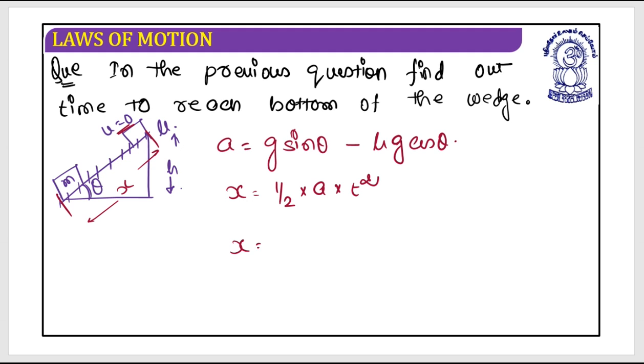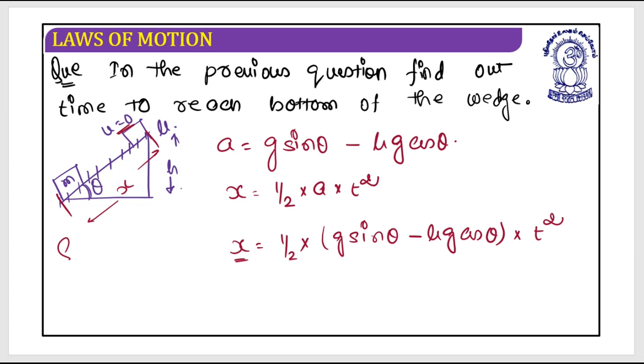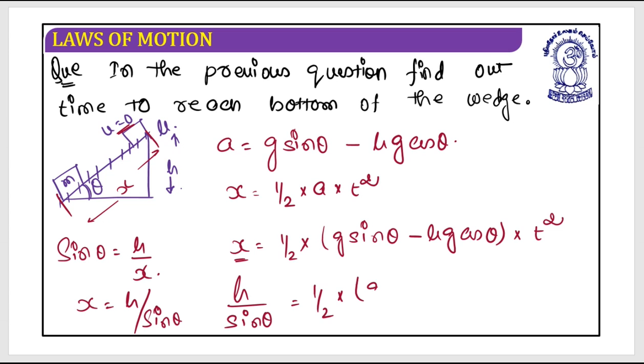So x equals half into acceleration, g sin theta minus mu g cos theta, multiplied by t square. Now x in our real data has not been given, so it needs to be converted, as we did in the previous slide as well. Sin theta equals h by x, so x could be written as h divided by sin theta. So just replace this: h by sin theta equals half multiplied by (g sin theta minus mu g cos theta) multiplied by t square.